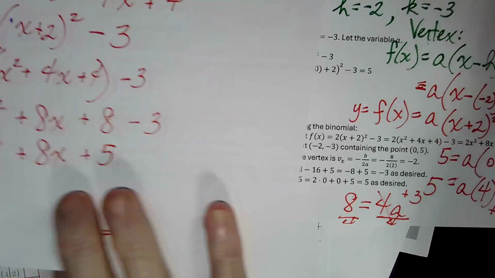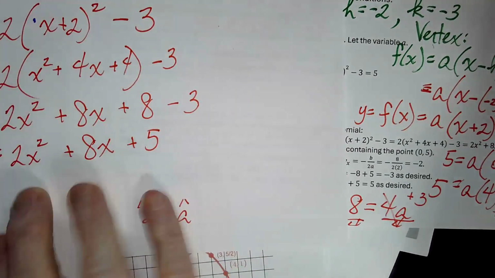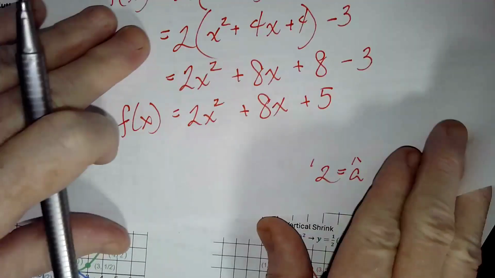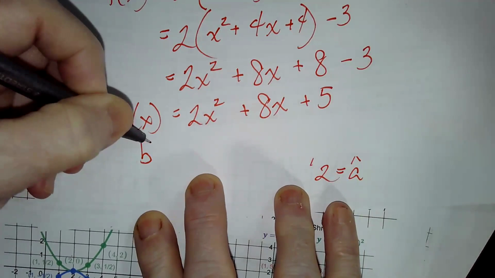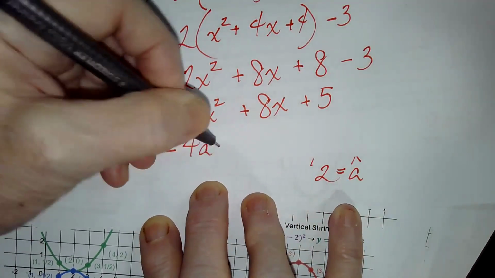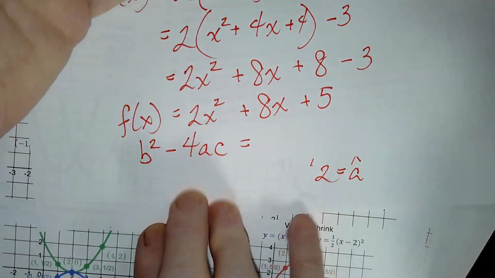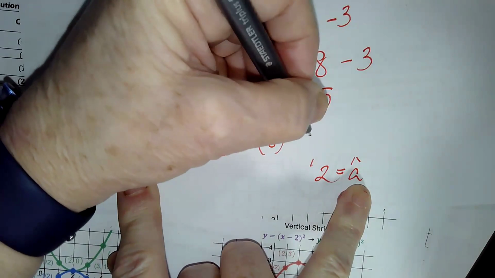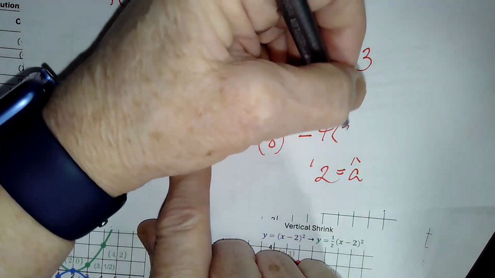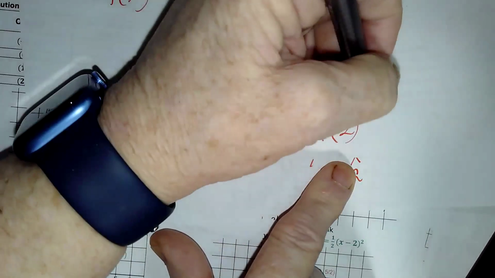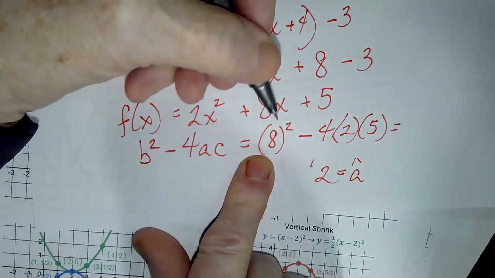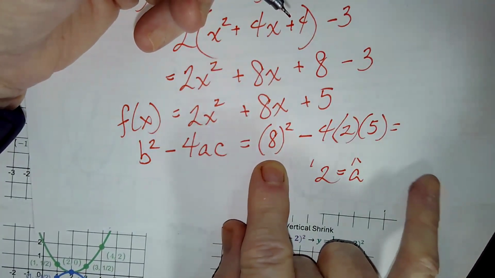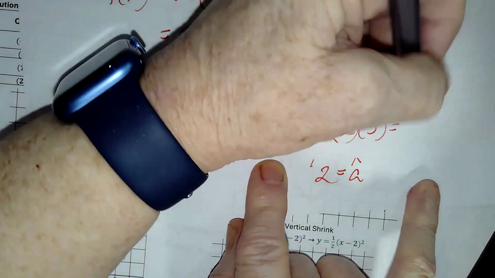So this one doesn't factor. And the reason that I know it doesn't factor is that I figured out what b squared minus 4ac was. So here b is 8, a is 2, c is 5. 8 squared is 64.